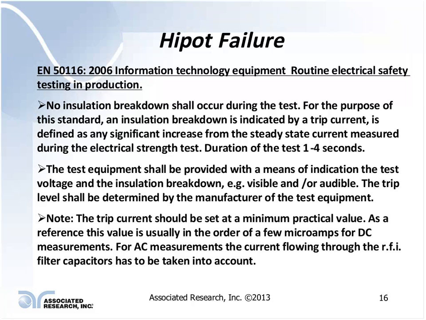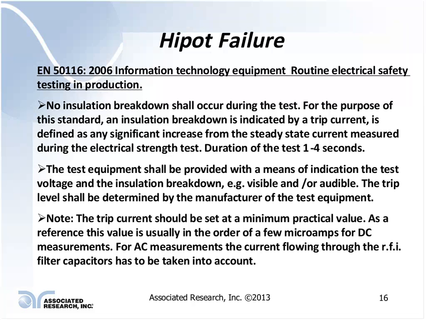Okay. Hipot failure, EN 50116 for information technology. Routine electrical safety test in production. This is the standard that actually describes that. One thing I like about this standard is it gives you a little bit more of an indication of why you set your trip point to a value, or where you should actually set it.